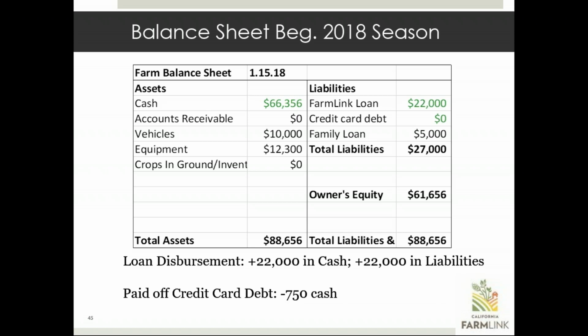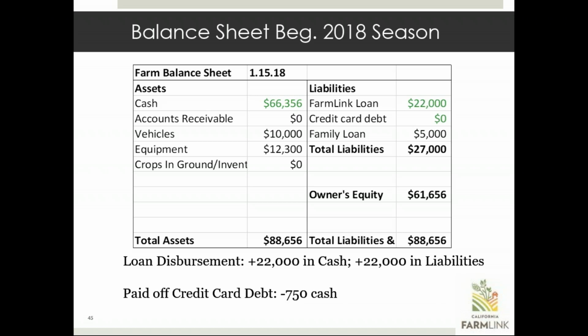So he's gotten $22,000 in cash, which is reflected in the cash that's highlighted in green there. And then you can also see a loan from FarmLink that he got on the liability side. So you can see how the balance sheet is constructed. You put $22,000 on one side, you have to put it on the other side as well, similar to a credit and debit system in accounting.